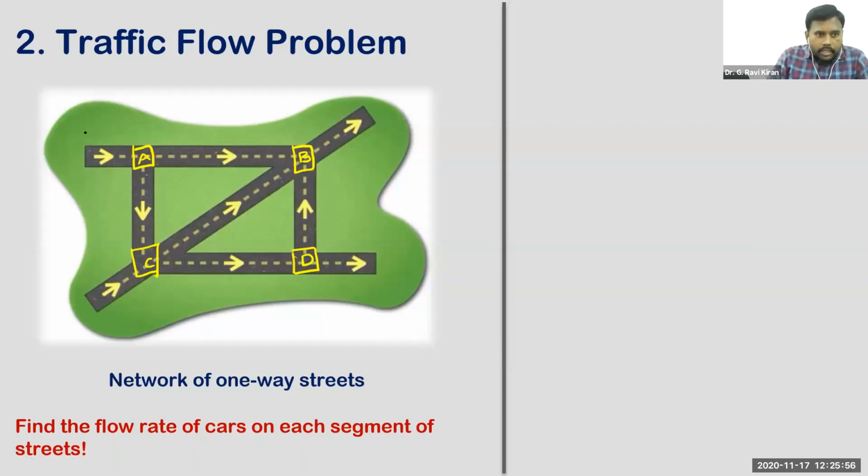Through these streets, I'm assuming on average some 80 cars per hour are moving on this street, which leads to junction A. Understand? Then about 120 cars per hour are traveling on the street exiting from junction B. Understand? 120 cars are moving away from junction B on this street.